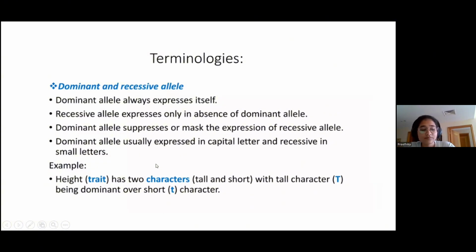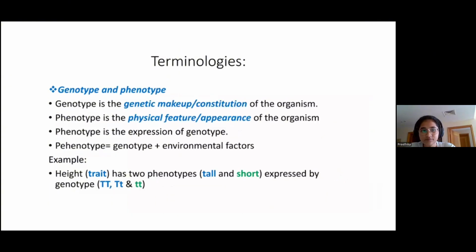This means that you could have both the dominant traits inherited from both your parents, and the dominant allele is uppercase T, so you express that. But even if you have a heterozygous allele, which means you have one uppercase and one lowercase, you still express the dominant allele. But for a recessive allele to be expressed, you need to have both the recessive traits.